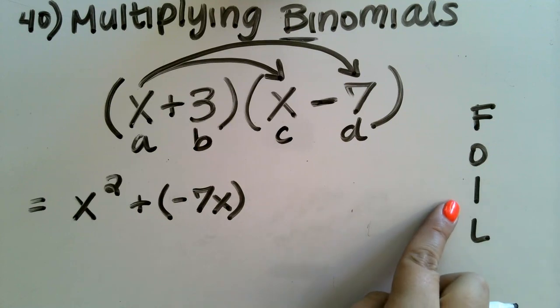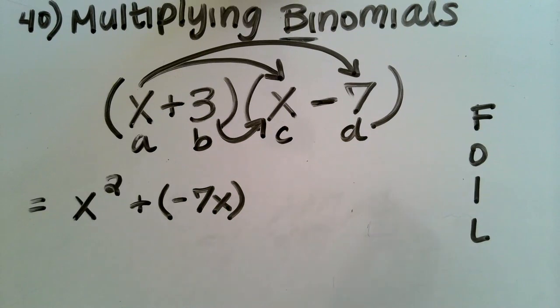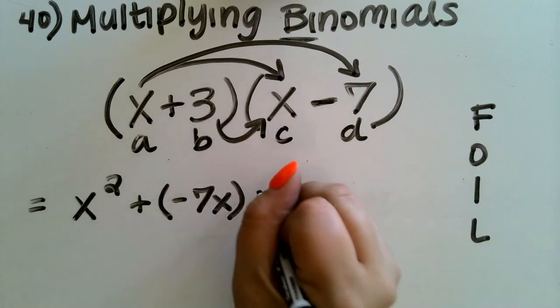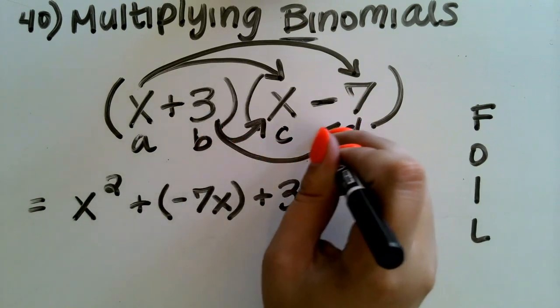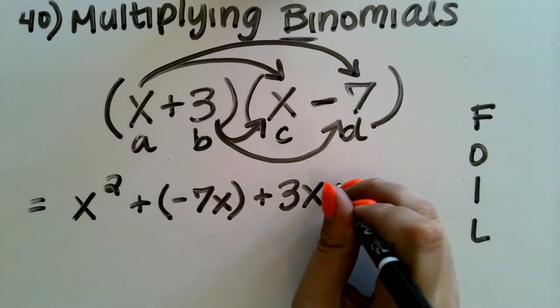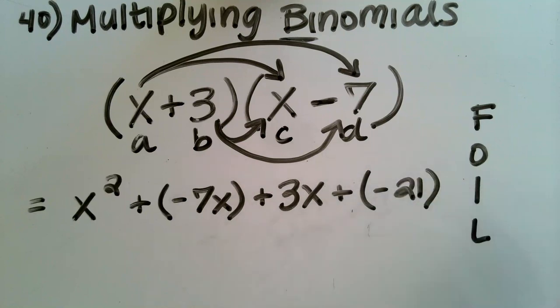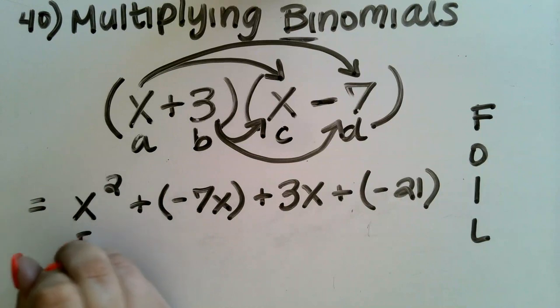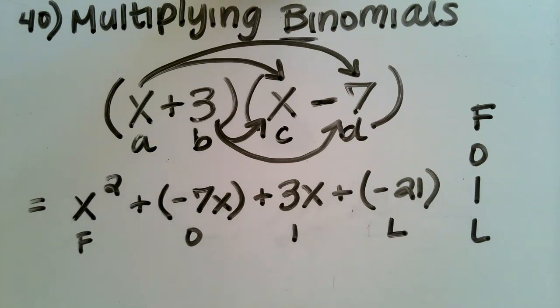Next up, let's do our I. B times C, so 3 times x, adding them together is just 3x. And then finally, let's do our L, those last terms. 3 times negative 7, again we're adding them together, but this time it is a negative 21. Just a reminder, this was our F, this was our O, our I, and our L.